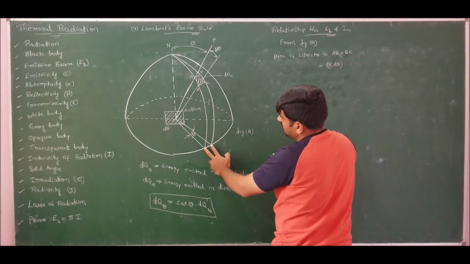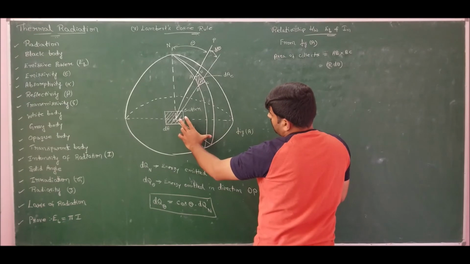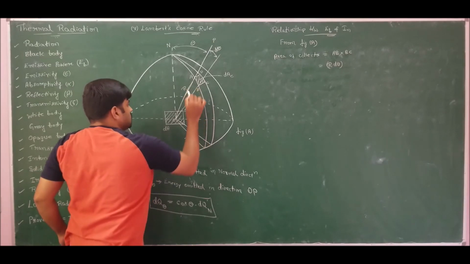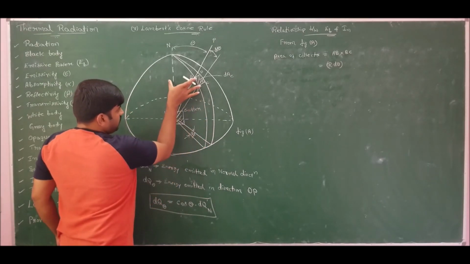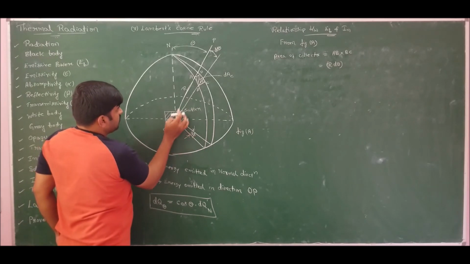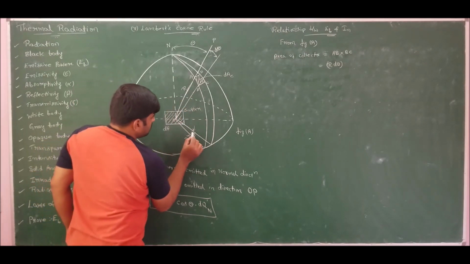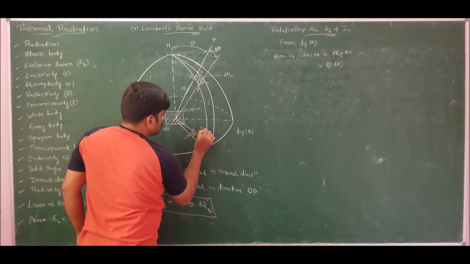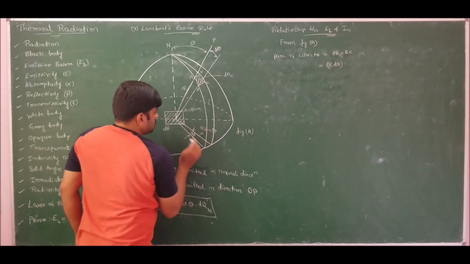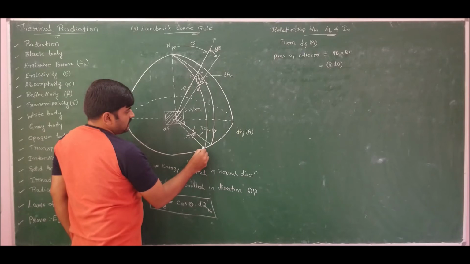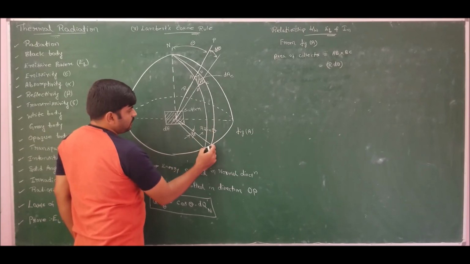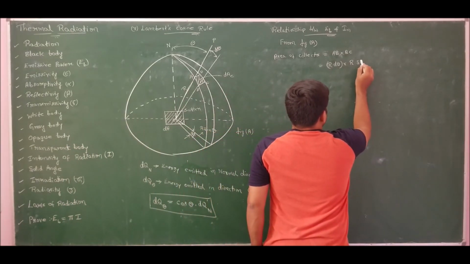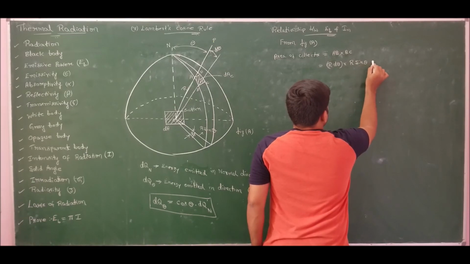This length will become the vertical component of the radius. This is the radius R, so the length projected here is nothing but R sin theta. So S is equal to R theta, and again, length BC will become R sin theta d phi.